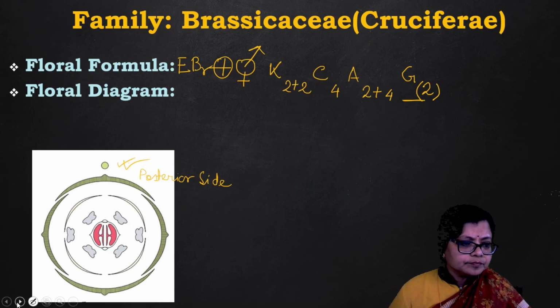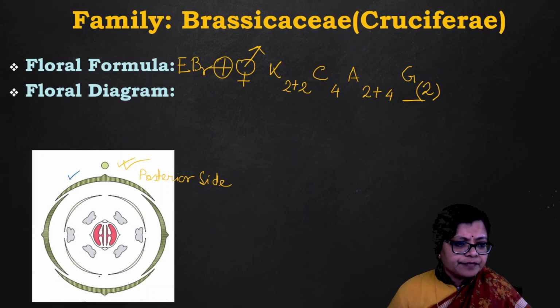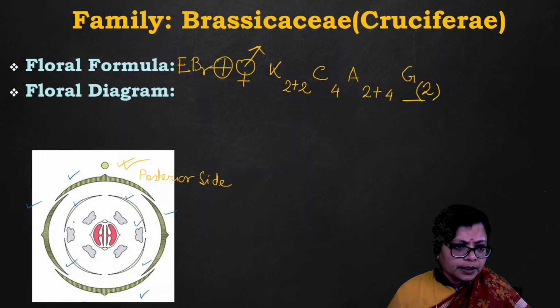Then you see imbricate aestivation for the sepals, 2 outside and 2 inner side. Then petals are polypetalous, not united, with valvate aestivation, the margins not overlapping. On the outer side the 2 stamens that are shorter, and on the inner side these 4 are longer. Then inner side, that is the parietal placentation.